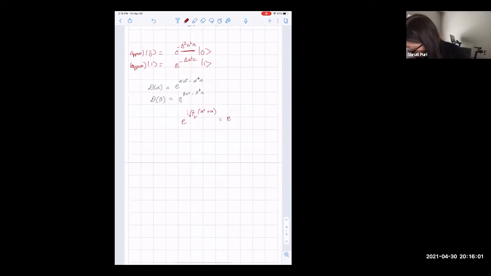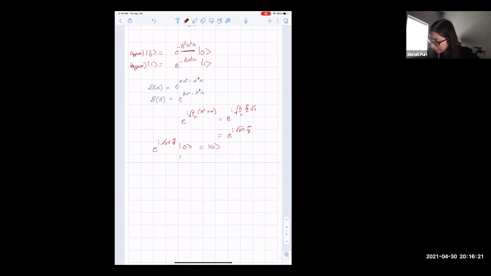So this is e to the i square root of pi over 2 times square root of 2 times q. So this is e to the i square root of 2 pi q. No, this is fine. I think I made the right definition. So now if you apply this to the 0 state, you'll get 0. And if you apply that to the 1 state, you'll get -1.